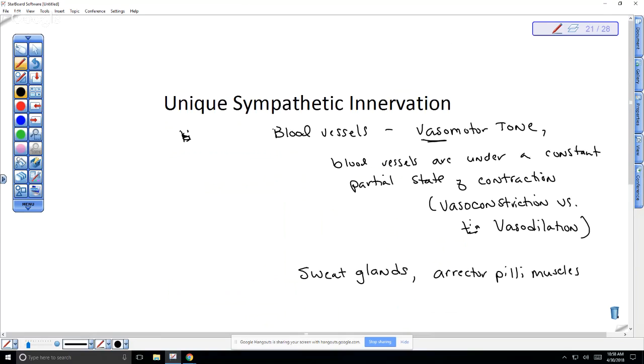These are on the skin. Yes, so they make your hair stand up on end. When you get scared and your hair stands up on end, that is due to the fight or flight response. There's only one L, sorry. P-I-L-I.